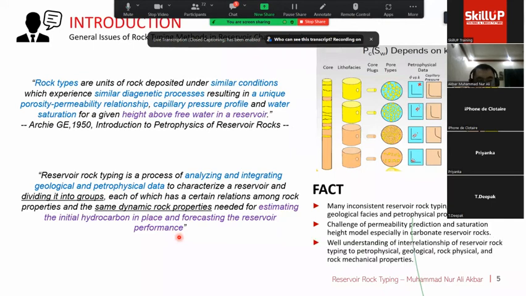So in this presentation, we can solve reservoir rock typing, especially for carbonate, with a better grouping method. Last but not least, the interrelationship of reservoir rock typing to petrophysical properties, geological, rock physical, and rock mechanical properties does not have a good connection, while there are many kinds of projects we can connect with this.